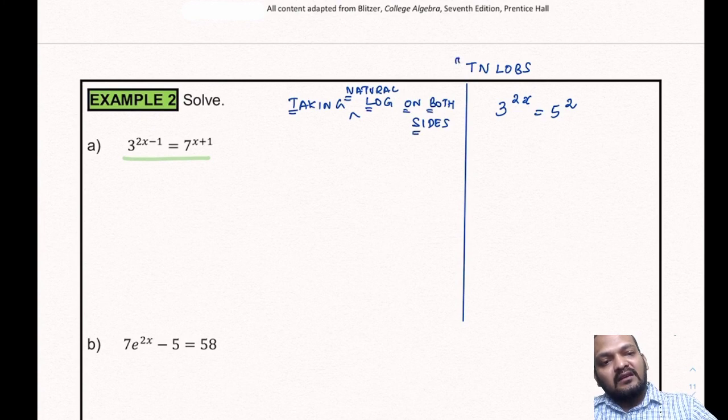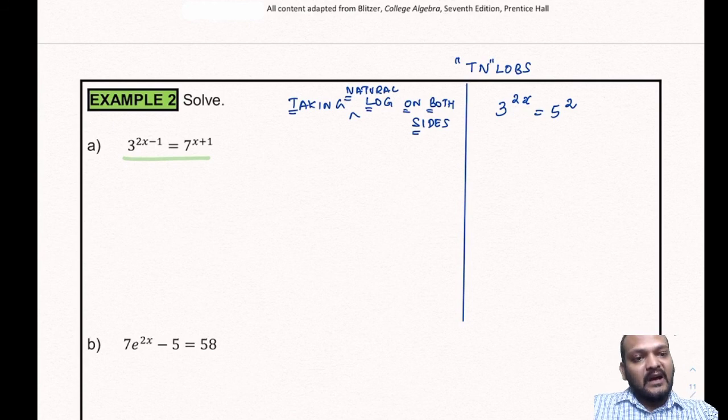So that is what I call Tennessee lobsters, and that's what we're going to use. This is for you to remember. There's no such thing as Tennessee lobsters in math, but if you remember this Tennessee lobster, then we can solve them.